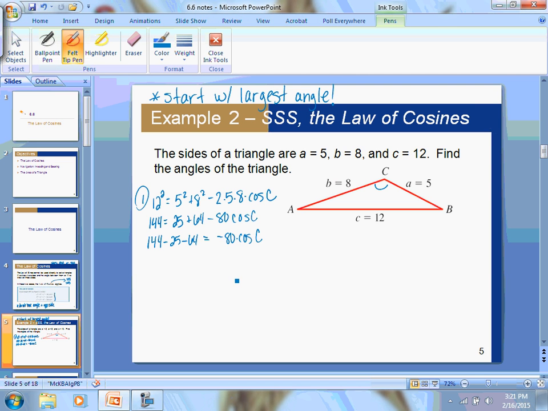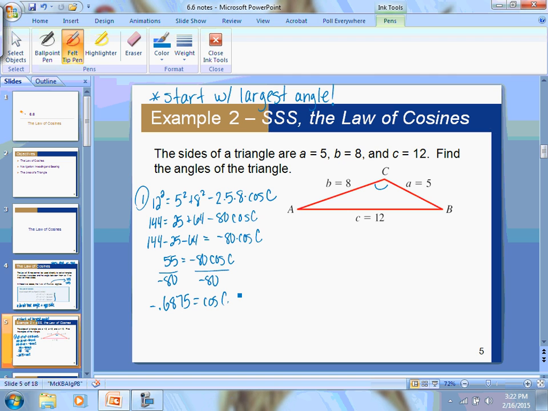Okay? But once I take 144 and subtract 25 and subtract 64, I get 55. And then I have negative 80 cosine C. Now I can divide by that negative 80 and get a decimal. So that's going to be negative 0.6875.